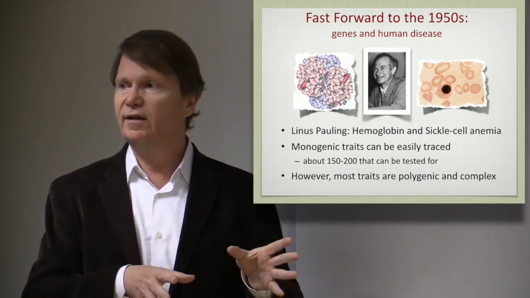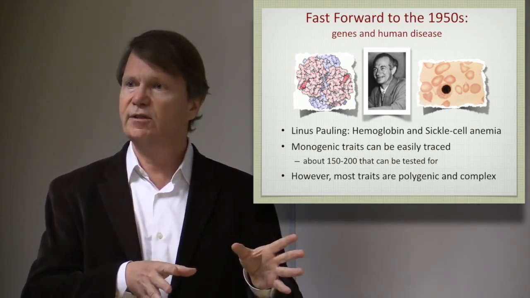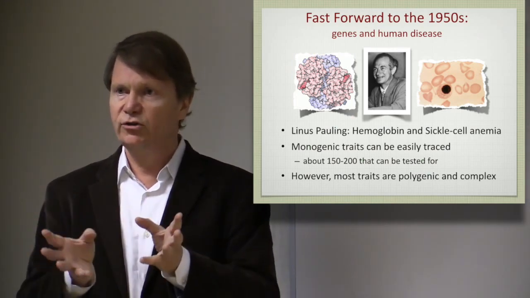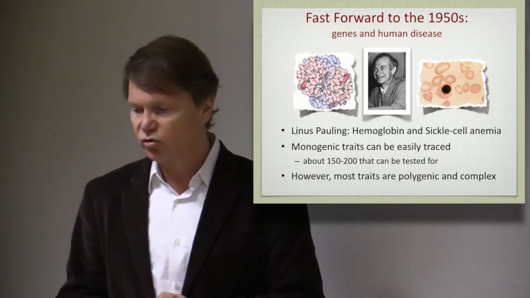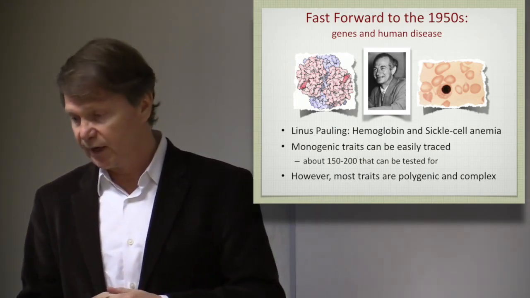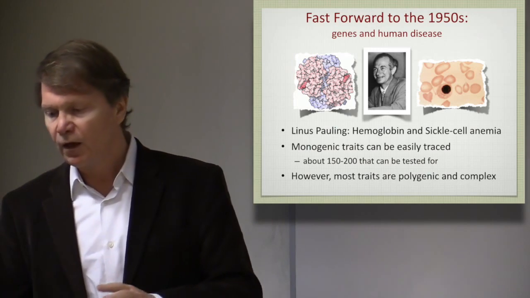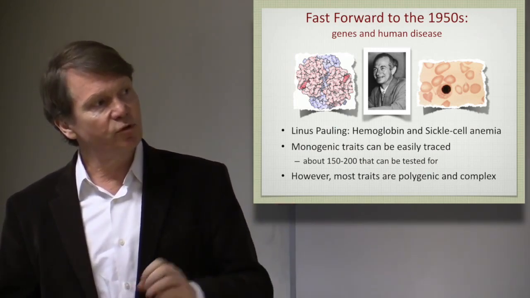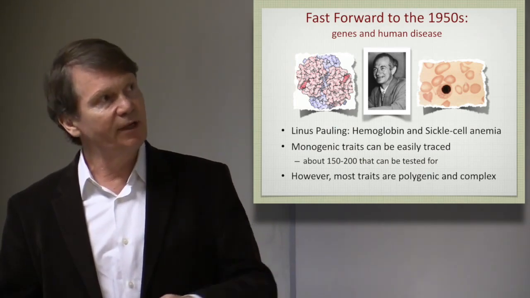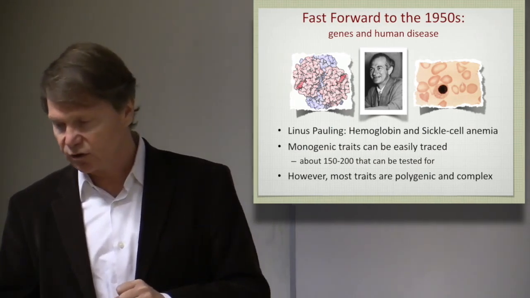We need to identify all these genes that participate in a particular trait, assemble their relationships, model them, and then try to describe the systemic nature of that relationship. And this is, of course, a big part of this class. So this was in the 50s. This was conceptual, well, actual for this case, but broadly speaking, the genotype-phenotype relationship was conceptual.